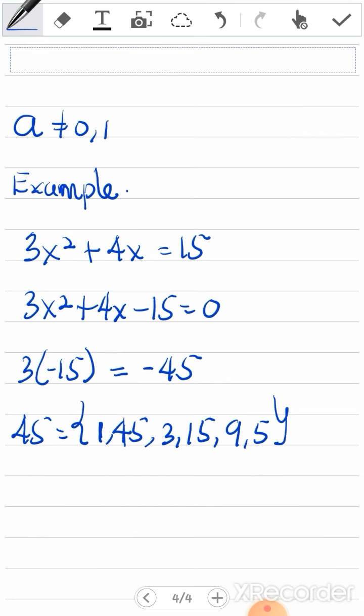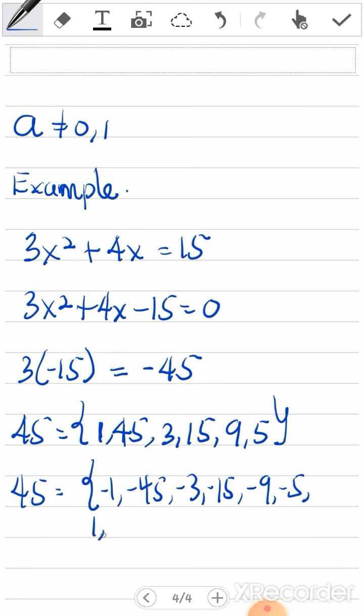As I said earlier, we just want the factors so that we can get the integers. So when we get this, we negate some of them. The numbers we could get are negative 1 and 45, negative 3 and 15, negative 9 and 5, or 1 and negative 45, 3 and negative 15, 9 and negative 5.